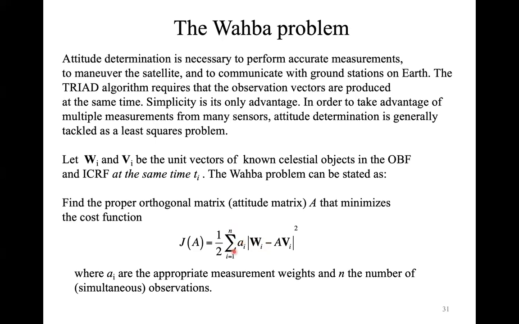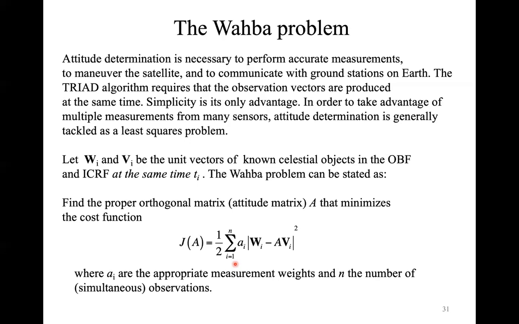So if you have two observations, you can have similar results with the Wahba problem or the triad. The main advantage here is that you can have a sum with multiple data, collected at the same time, or at least at very short time differences, accepting that the variation of the attitude in that fraction of time is very small.